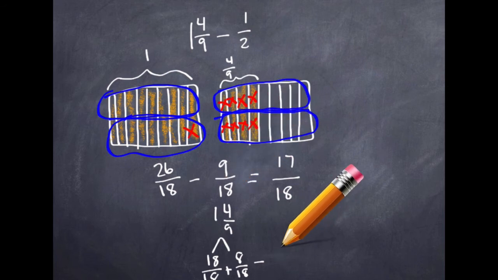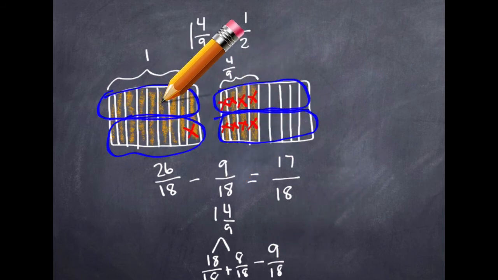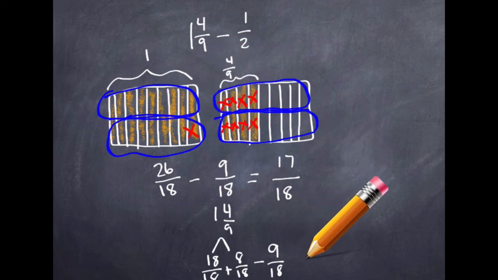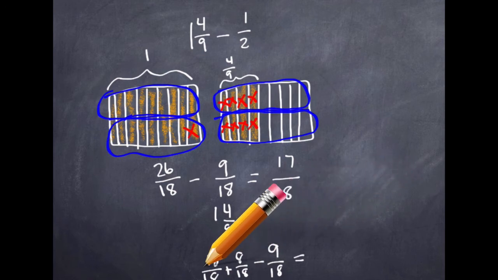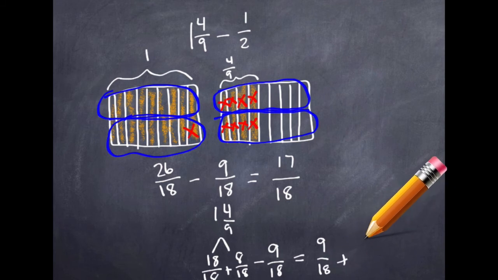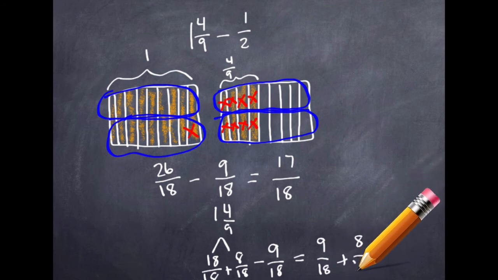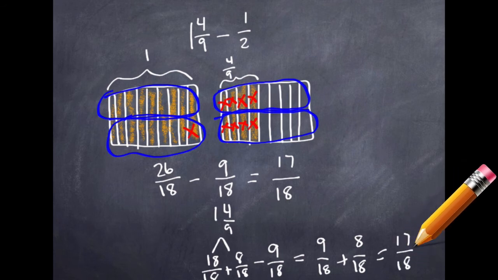Minus 9 18ths. 9 18ths, right? That was a half of the 18 out of 18. It's 9 18ths, so then I could subtract and see if I did 18 minus 9. Well, I knew that would give me 9. It would be 9 18ths plus 8 18ths, which would be 17 18ths. Okay, just another way to look at things.